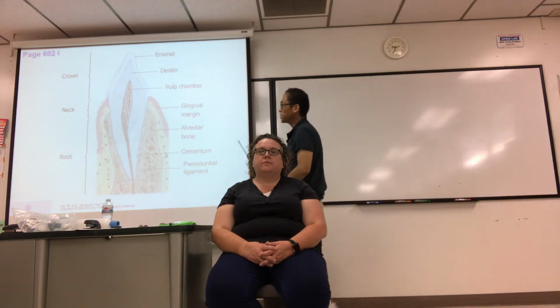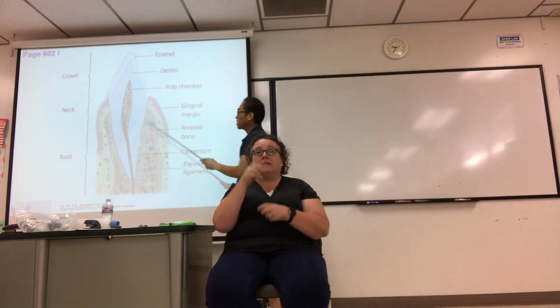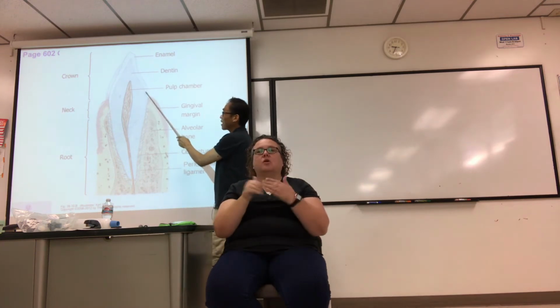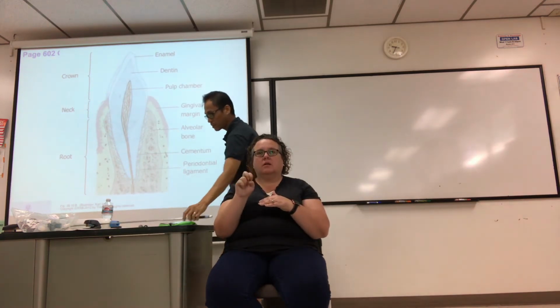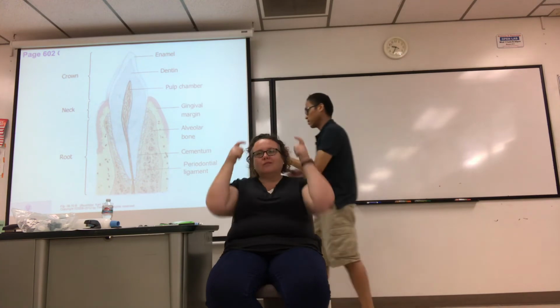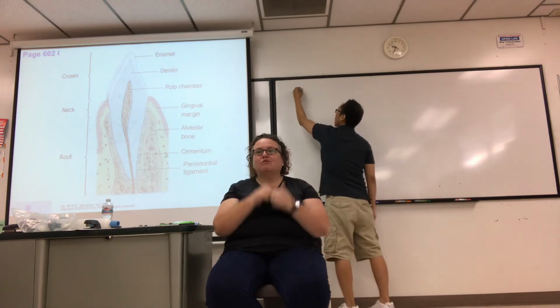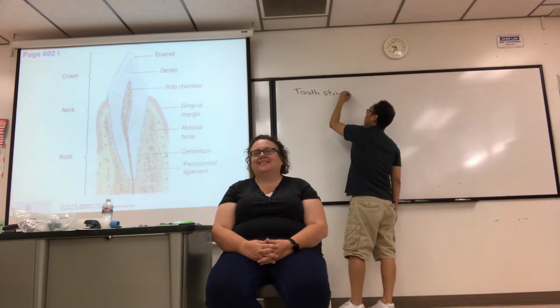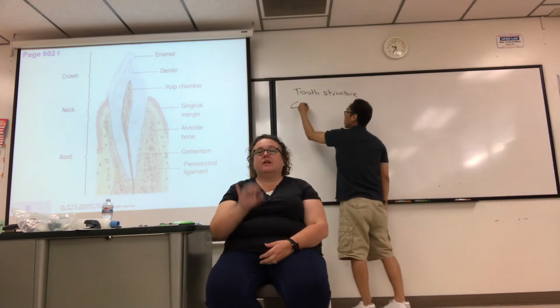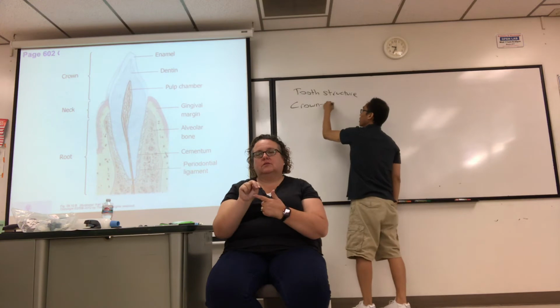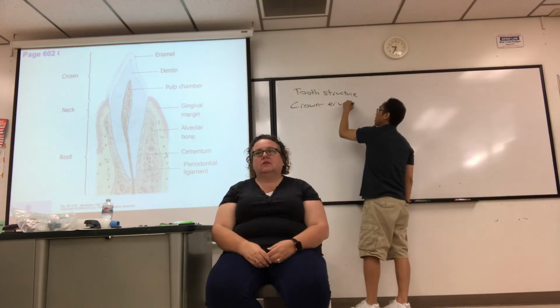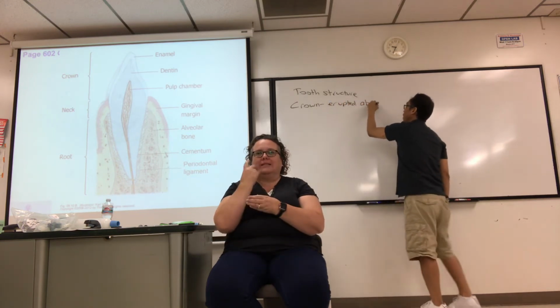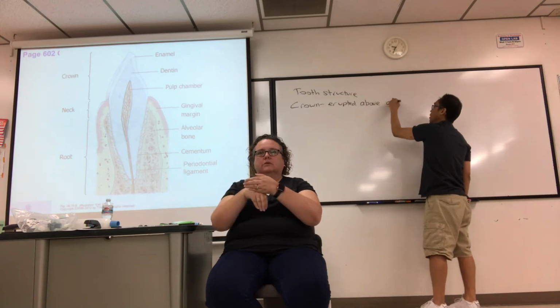The part of the tooth that you can see in your mouth is the part that's above the gum line, and that's the crown. Tooth structure. Got the crown. Erupted above gingiva.